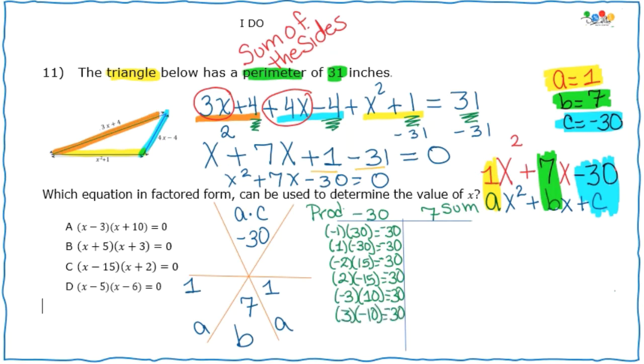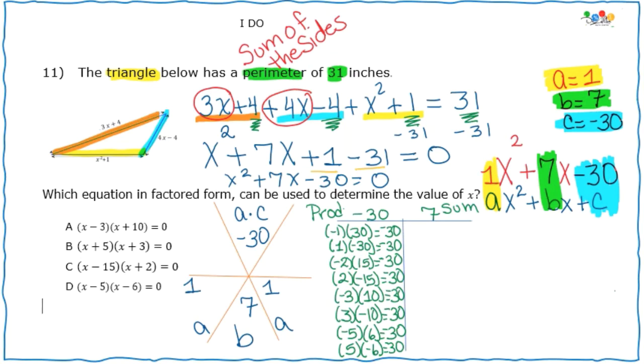It's negative 30, right? What about 4? Can 4 multiply anything that gives me a negative 30? No, right? What about 5? Yes. Negative 5 times 6 gives me a negative 30. And what's the next one? 5 times negative 6 gives me a negative 30, right? So I noticed that I'm done because the 5 and the 6 are very close to each other already. So those are all my factors.